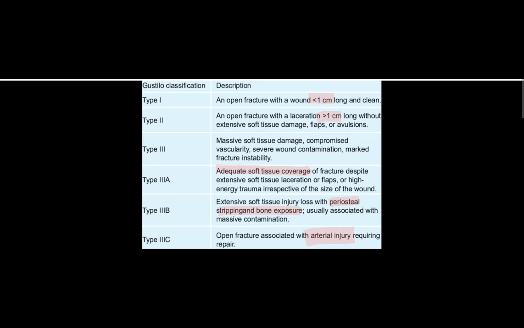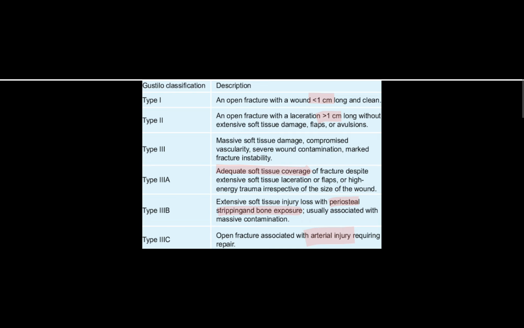Then is type 3. Type 3 is further divided into 3 types. Okay, type 3A is adequate soft tissue coverage is present. And in type 3B, periosteal stripping and bone exposure occurs. Okay, and type 3C is associated arterial injury.